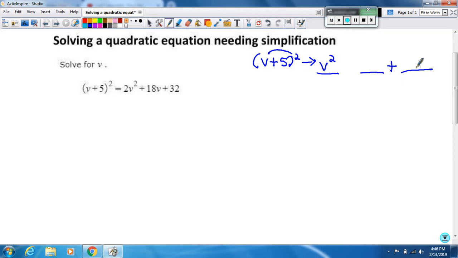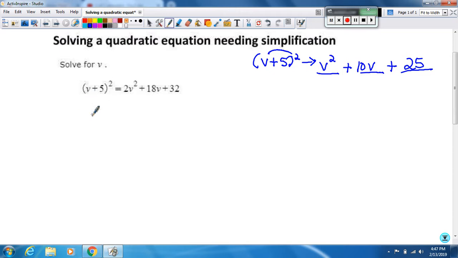So 5 squared, 5 times 5 is 25. And then for this middle term, you just multiply everything inside the parentheses together and multiply it by 2. In other words, forget the 2 is an exponent and multiply everything you see here. So 2 times 5 is 10 times v is a positive 10v.